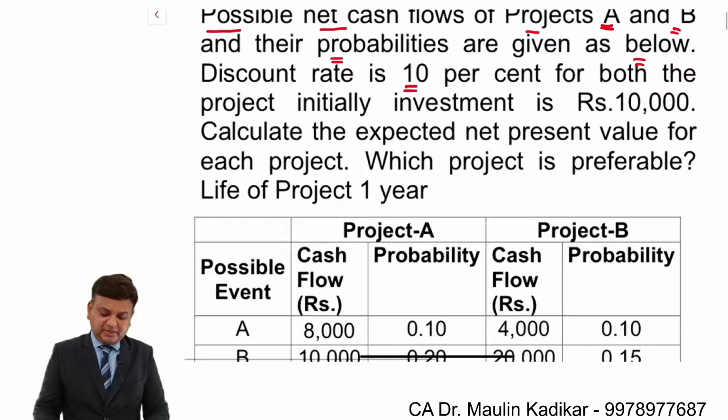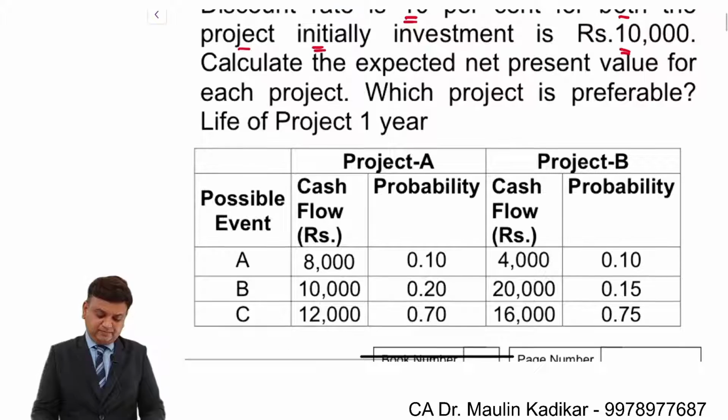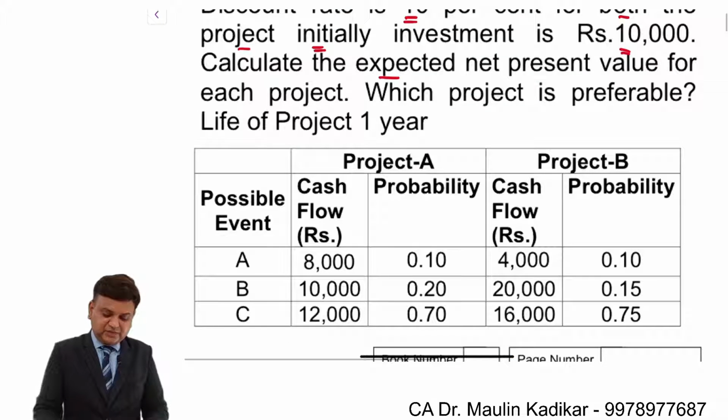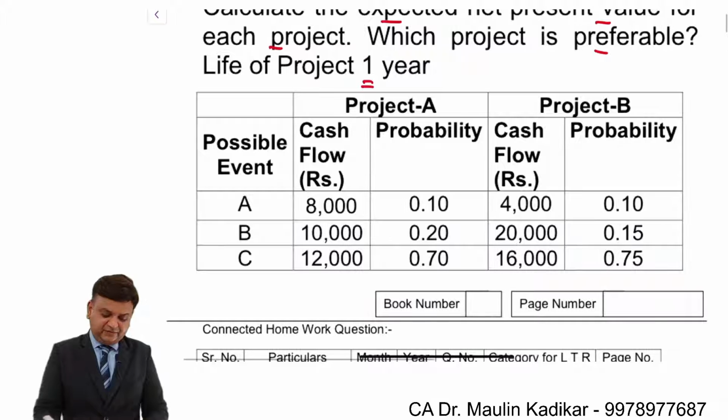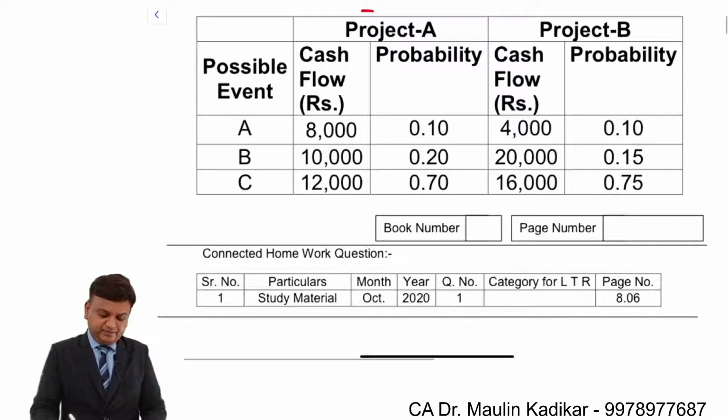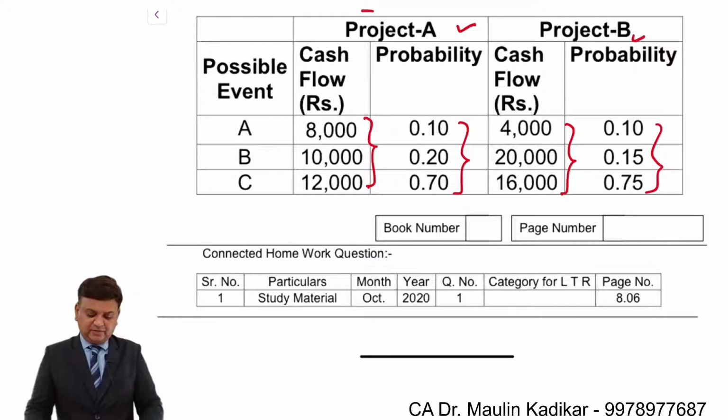Discounting rate, cost of capital, is 10% for both projects. Initial investment is rupees 10,000. Calculate expected NPV for each project and tell which project is preferable. Life of the project is only 1 year. For project A and project B, cash flows are given along with the probabilities.